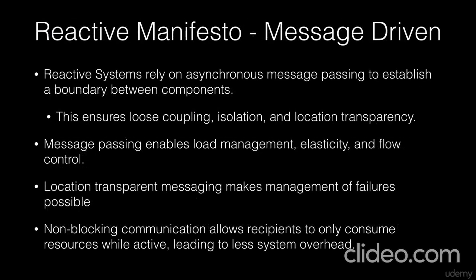Now, this is probably one of the more important parts for us as Java developers. Reactive systems are message driven. We rely on asynchronous message passing to establish a boundary between components. So this is going to ensure loose coupling, isolation, and location transparency. Message passing also enables load management, elasticity, and flow control. So this makes it important because now you have a distributed system and you're passing messages between it.